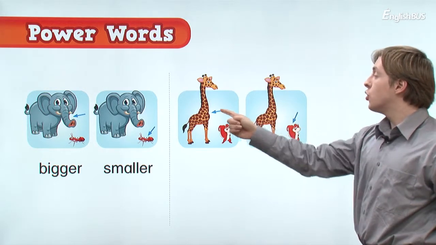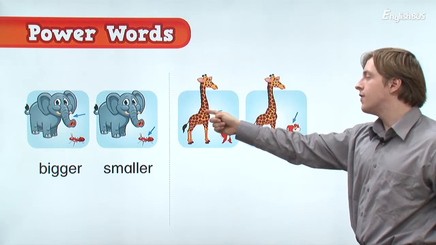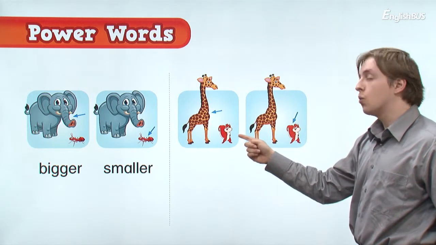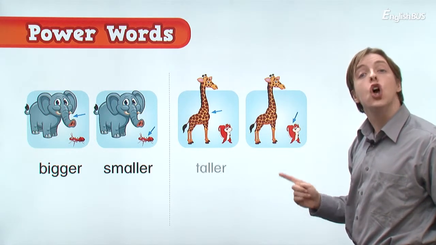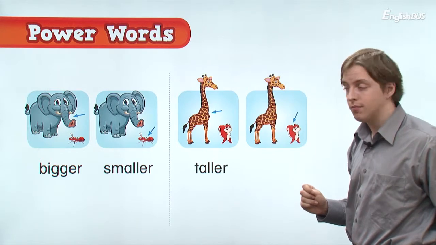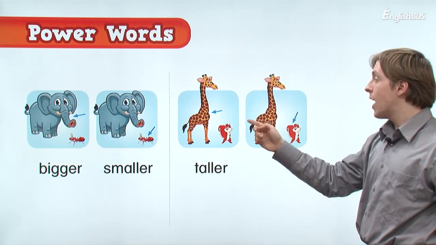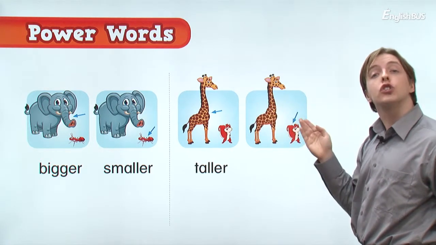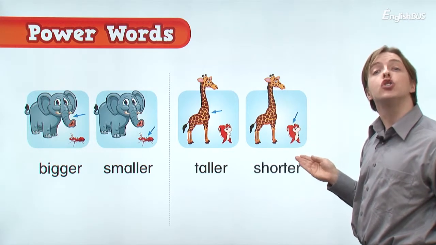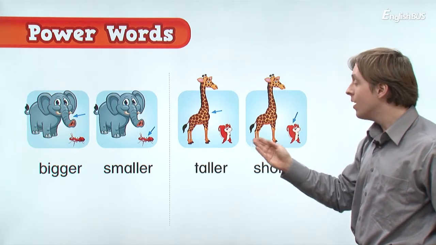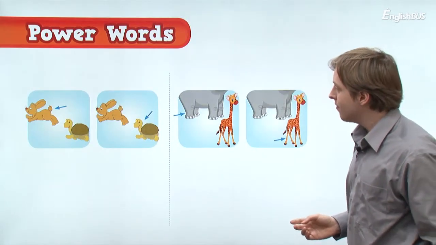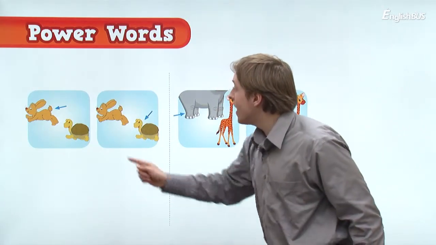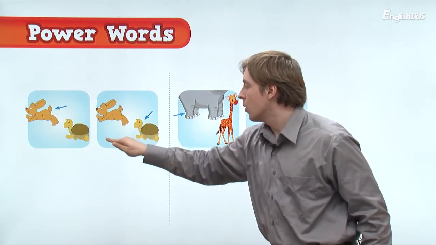Over here, the giraffe, let's see, the giraffe is very tall, the squirrel is very short. So we could say the giraffe is taller. And just like the giraffe is taller, the squirrel is shorter. Taller and shorter. Let's see. Now we have the rabbit and the turtle.